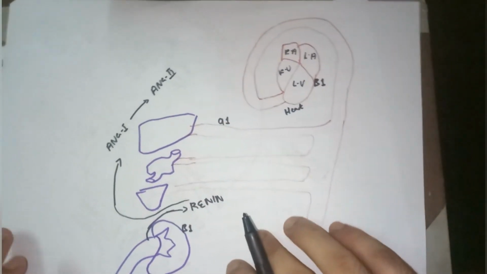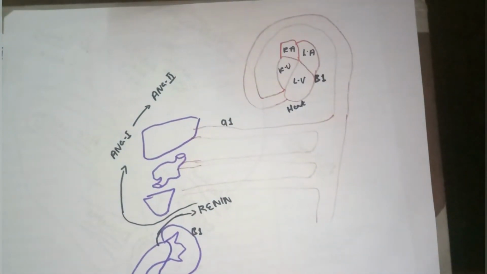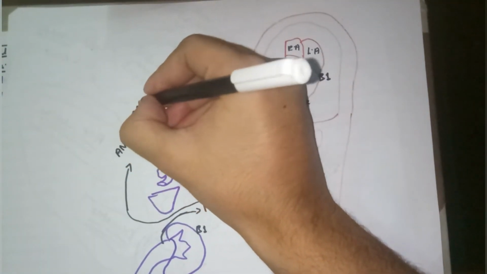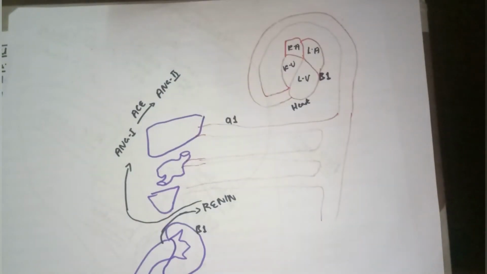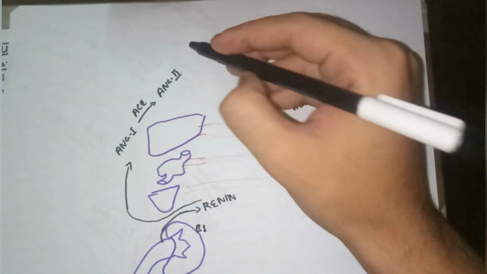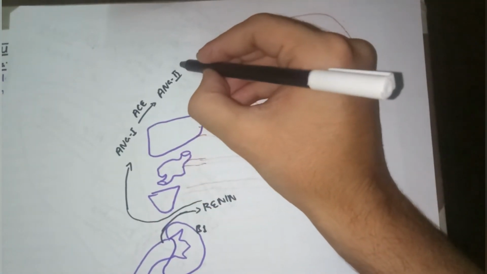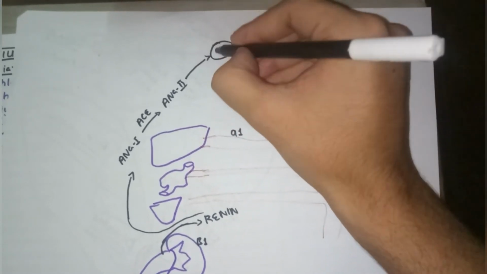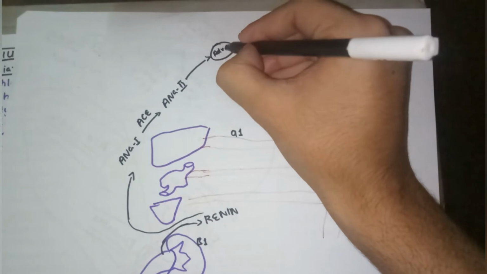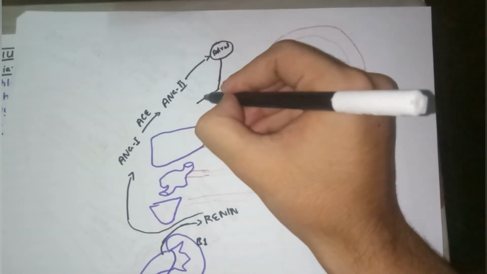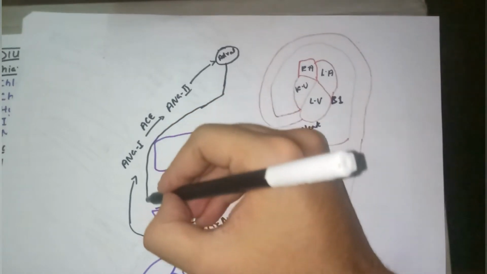If you want a complete lecture on angiotensin or the RAS system, then you can comment in the comment section. It converts them under the enzyme ACE, angiotensin converting enzyme. And what does angiotensin do? It also acts on the adrenal gland and produces aldosterone. And what does aldosterone do?